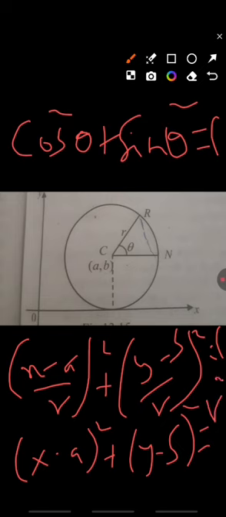We have been able to use the parametric equations to determine the equation of a circle. So this is the standard equation of a circle as we stated earlier: (x minus a) squared plus (y minus b) squared is equal to r squared.